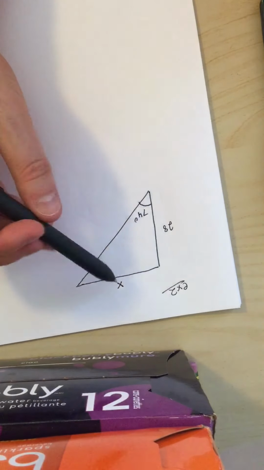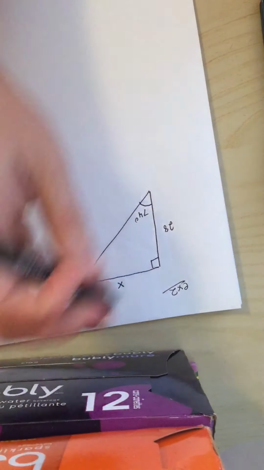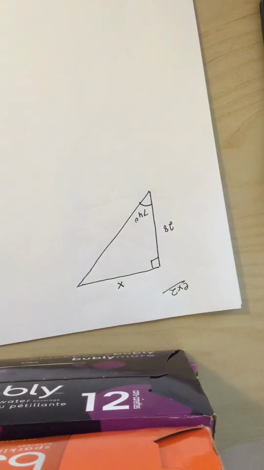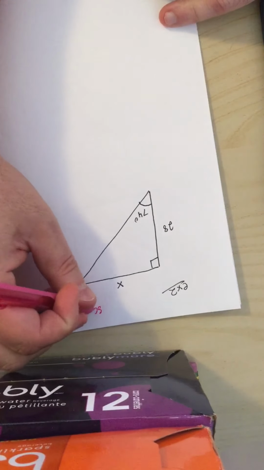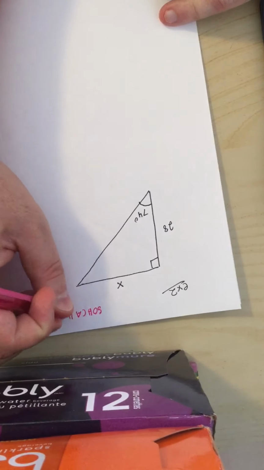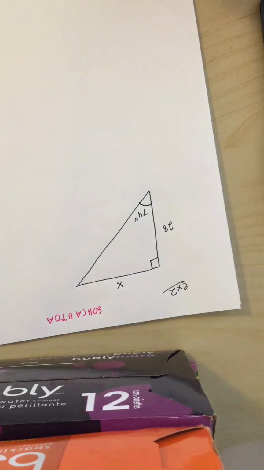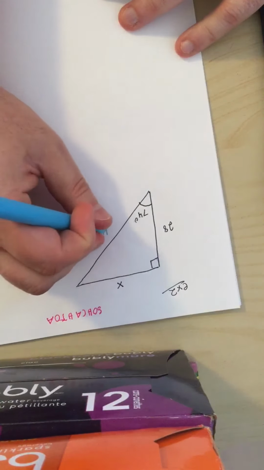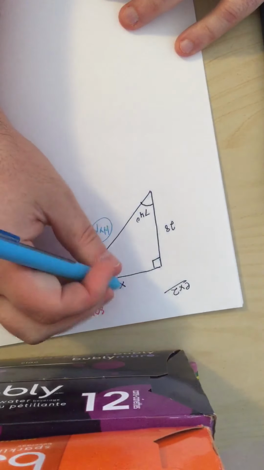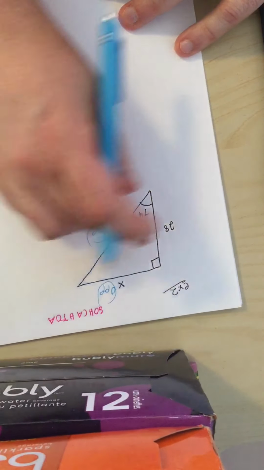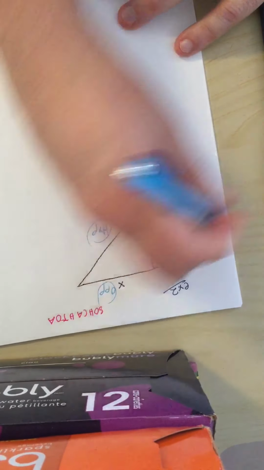So this is 74 degrees. That's x. It's a right angle triangle. We're going to remember SOHCAHTOA. We're going to name the sides. So that's going to be the hypotenuse. Opposite of that is going to be the opposite. The leftover is going to be the adjacent.